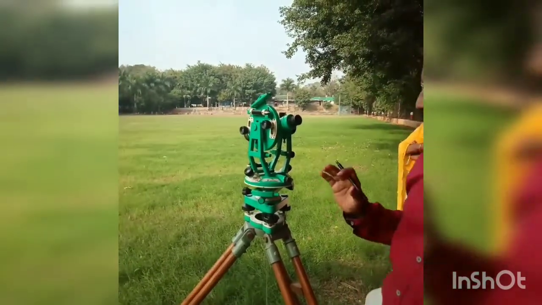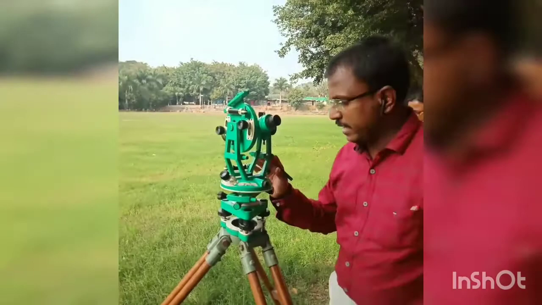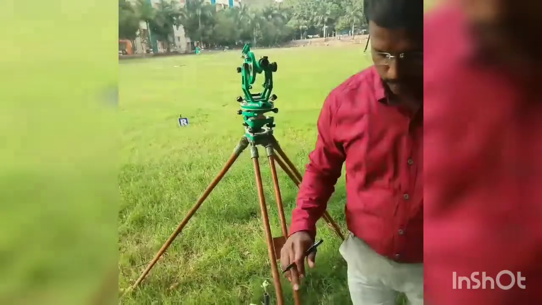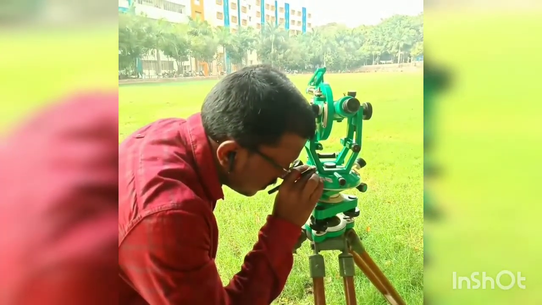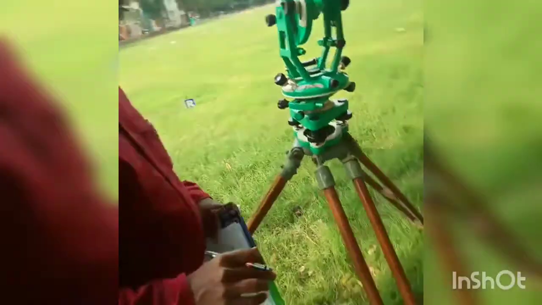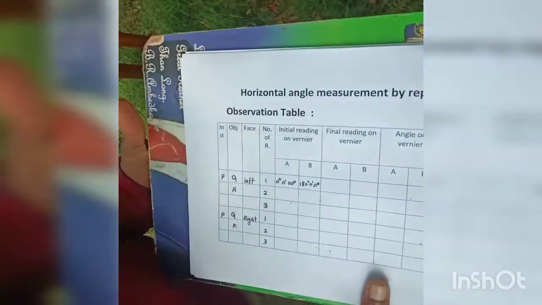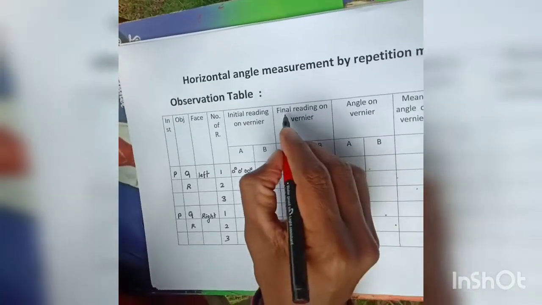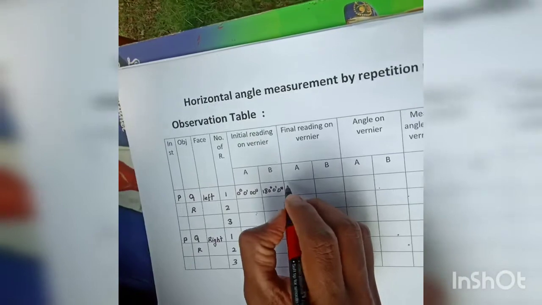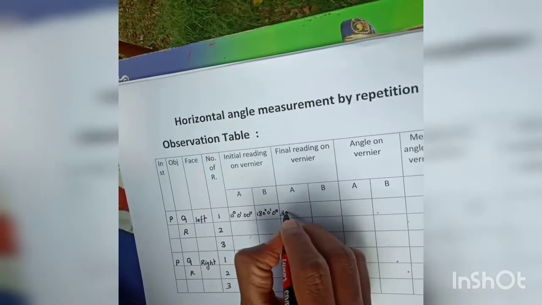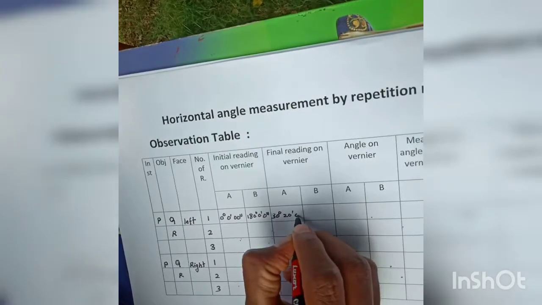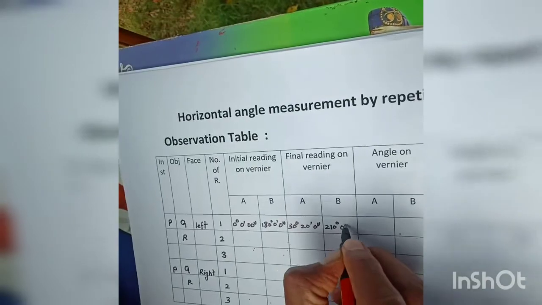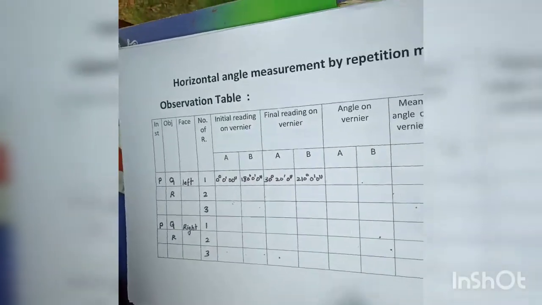Now again observe the reading at A. The final reading on vernier at A is 30 degree 20 minute 0 second, and at B 210 degree 0 minute 0 second.